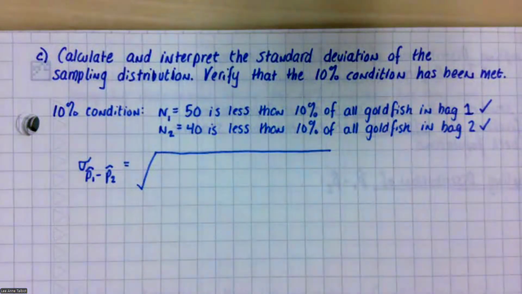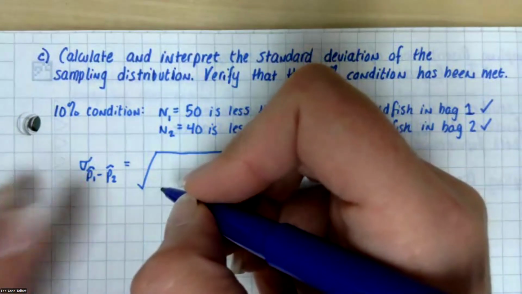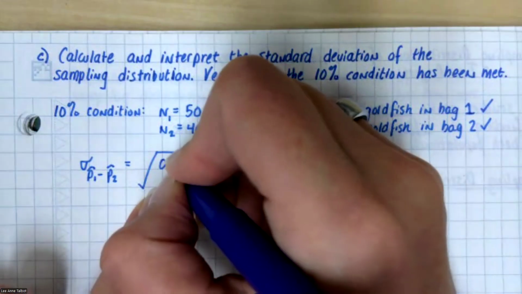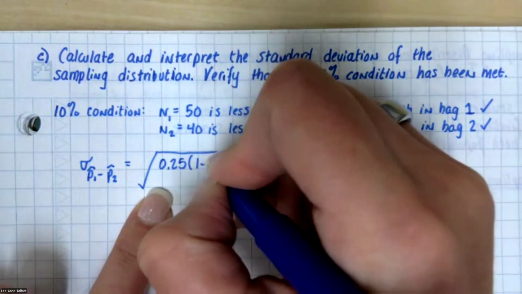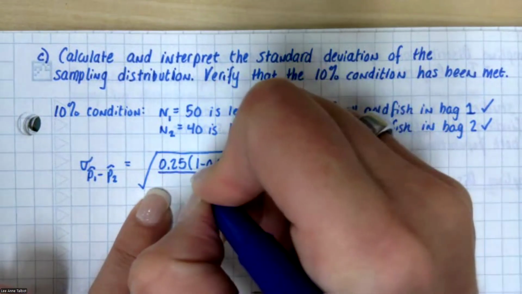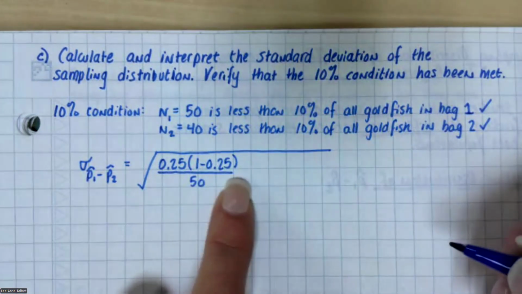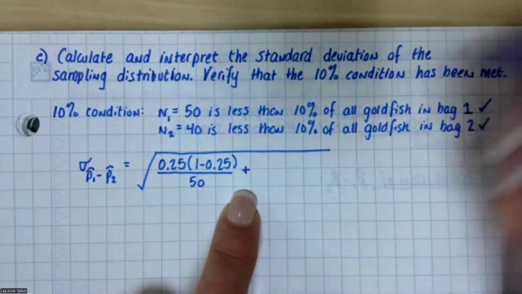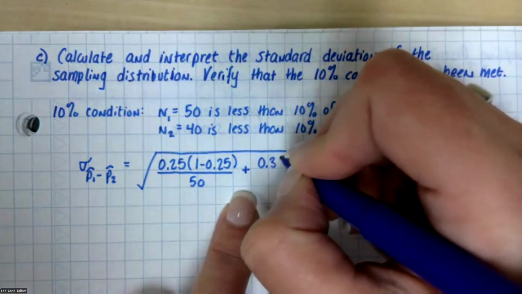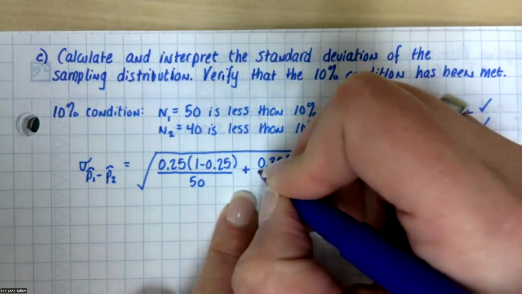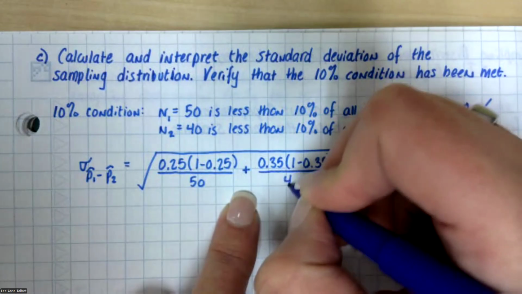So it shouldn't be that wild to you. Okay, so bag one, that one was the 0.25 one, right? So 0.25, 1 minus 0.25, and there was 50 in bag one. And then bag two had 35%, and I took out 40.